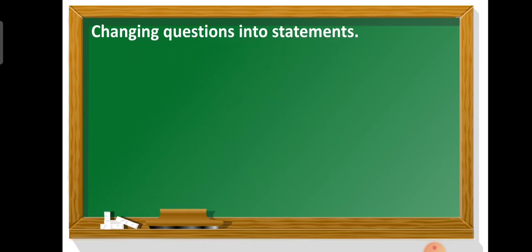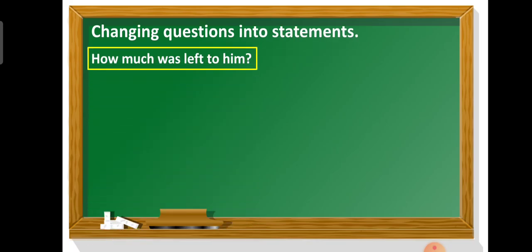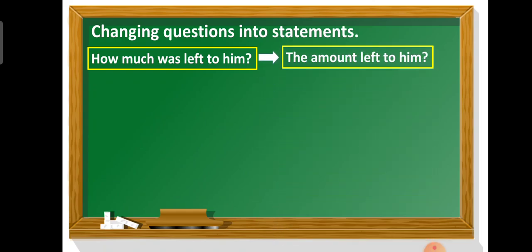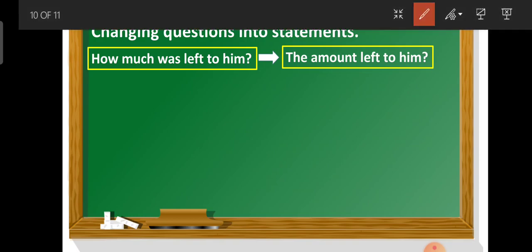And in solving word problems, you need to change questions into statements. For example, how much was left to him? Instead of writing how much was left to him as an answer to what is asked, you need to write the amount left to him. It should be a statement, remove the question.